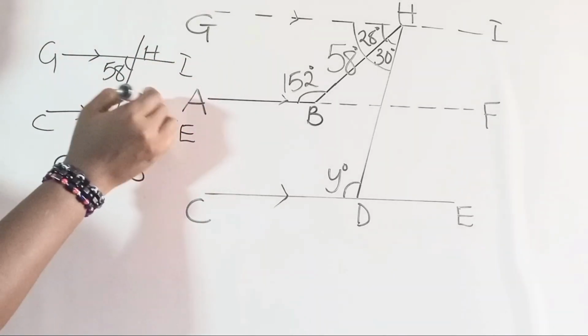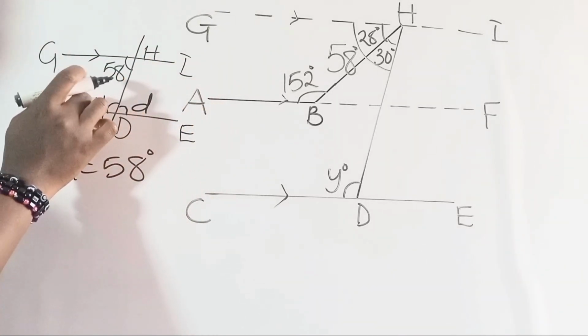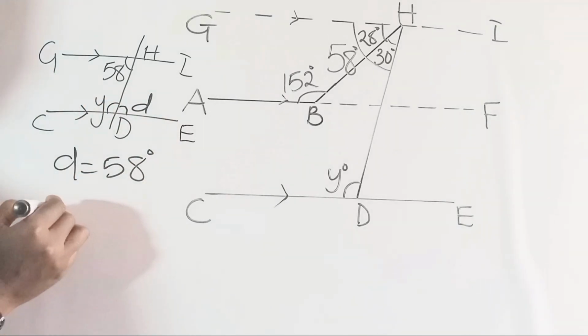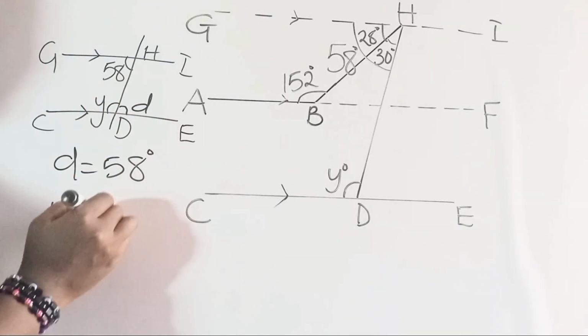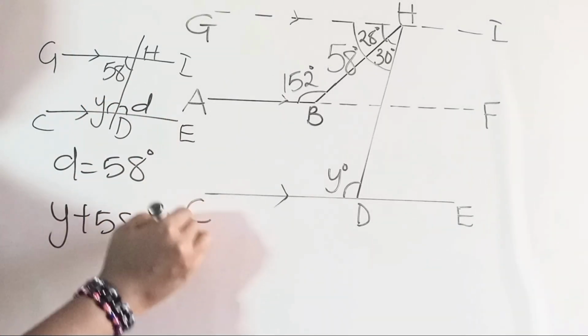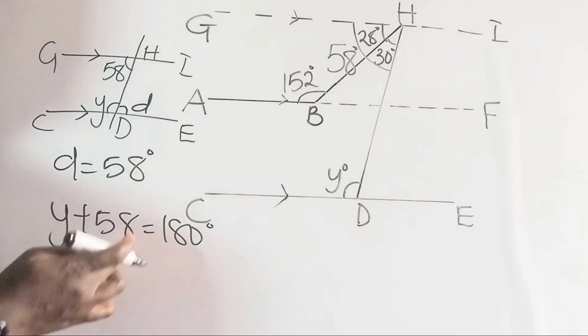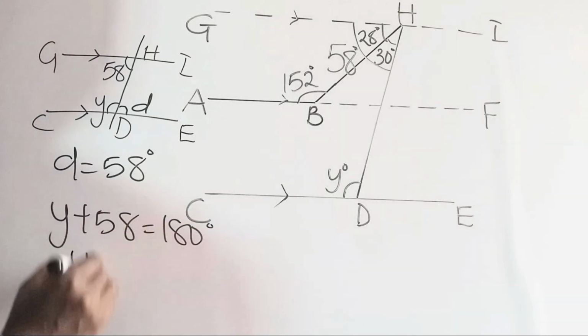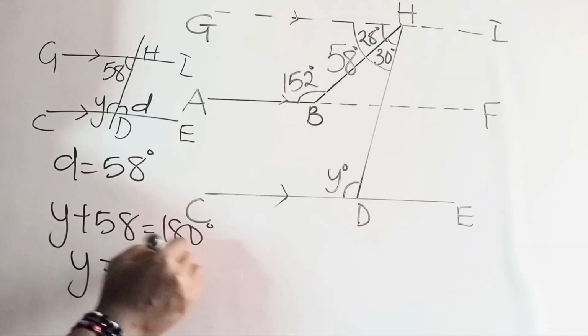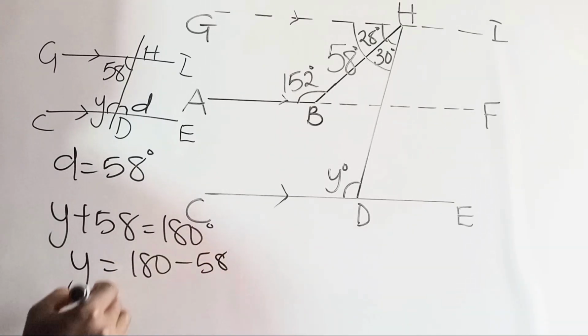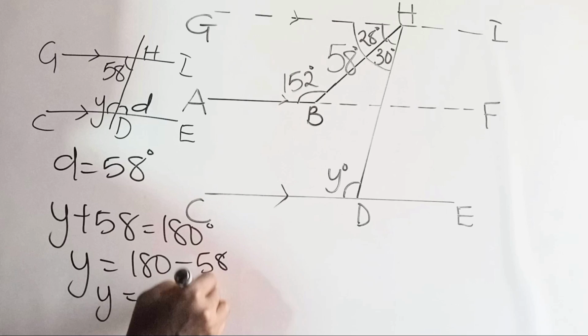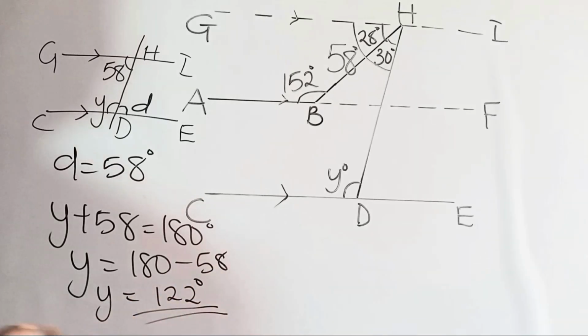With this angle as 58, I can find the value of y by adding y plus 58 equals 180 degrees, and that's the sum of angles in a straight line. Subtracting 58 from 180, y is equal to 122 degrees as the answer. So you can choose to find y using any of the methods.